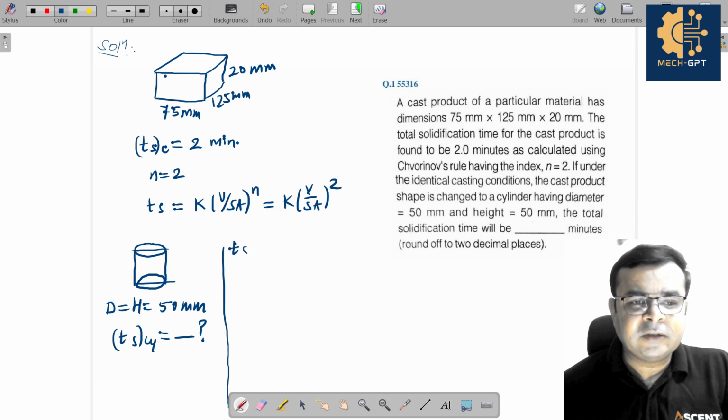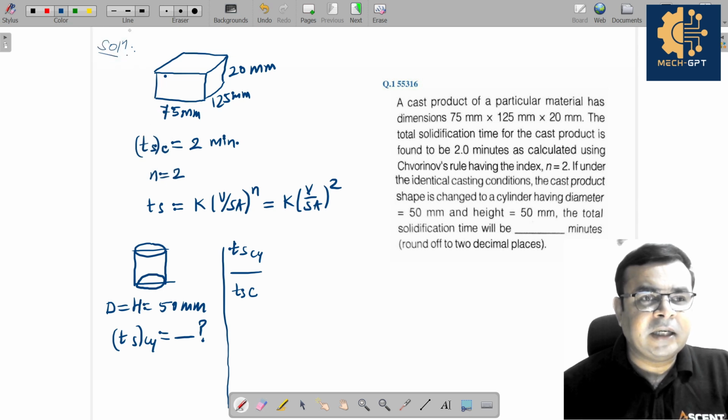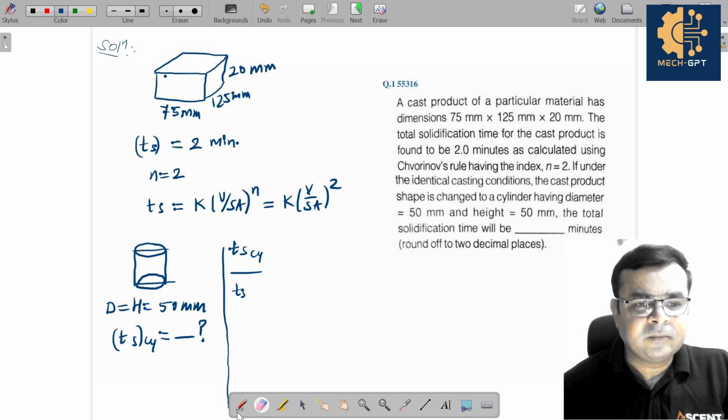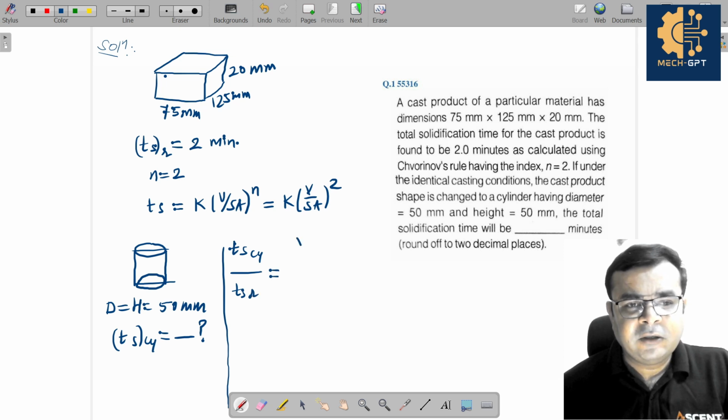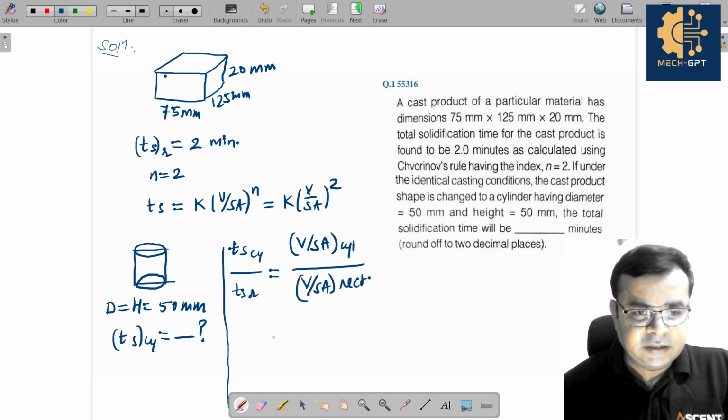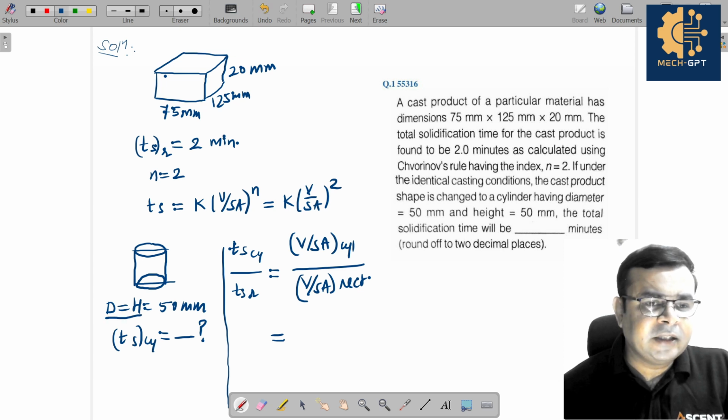So simply if I write solidification time of cylindrical casting over the solidification time of rectangular casting, let's say this is rectangular casting, let's say this is R. So this is nothing but V by SA of cylindrical casting over V by SA of rectangular casting, correct?